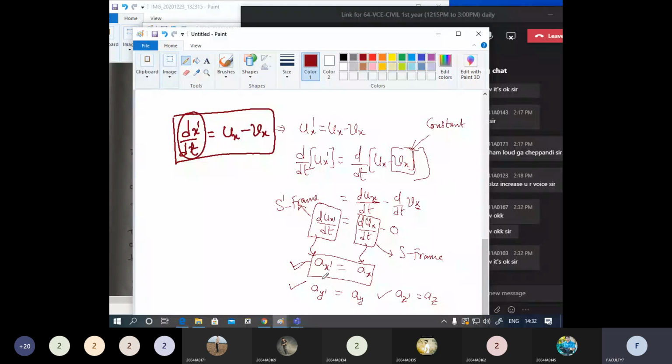Now here, that is the thing you need to identify. The conclusion of this part of the topic is that the acceleration is remaining constant in both the frames. There is no change in the acceleration.